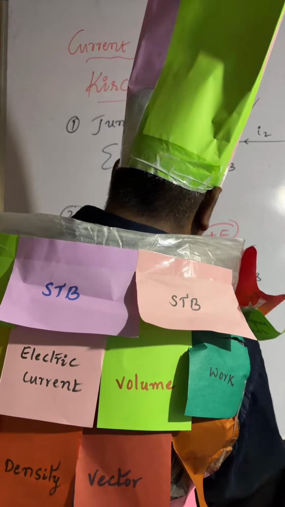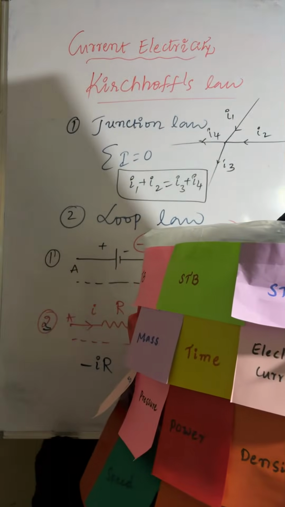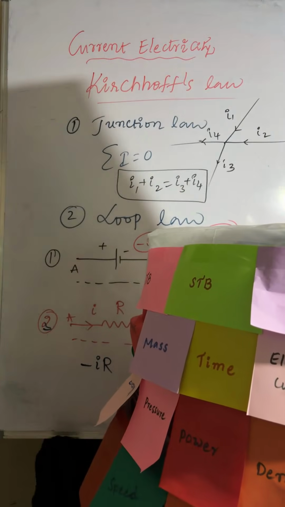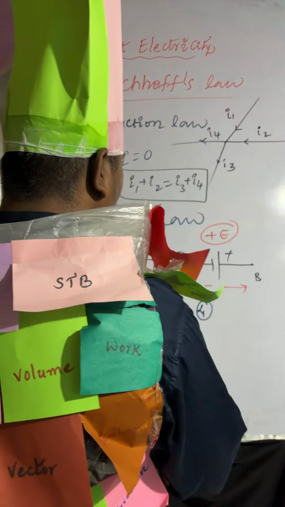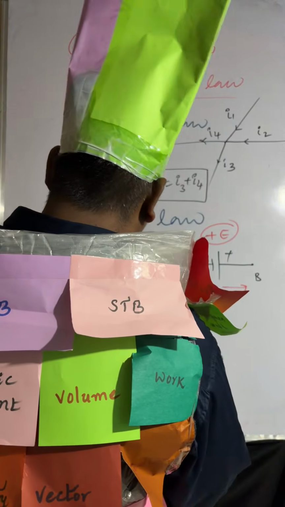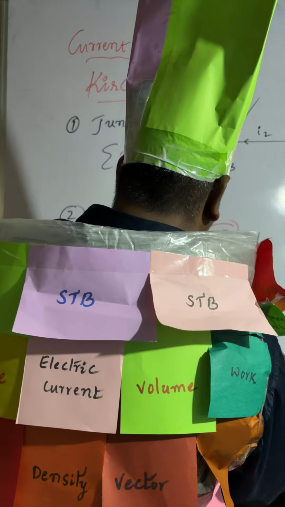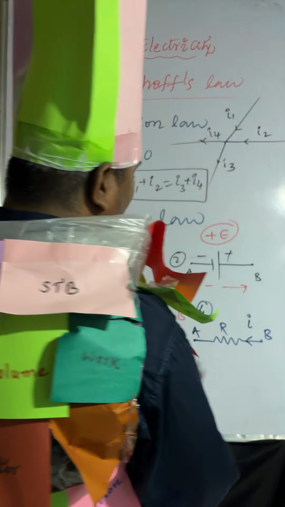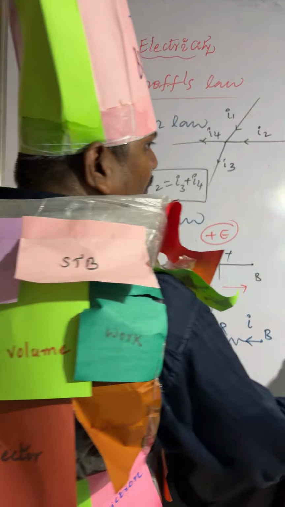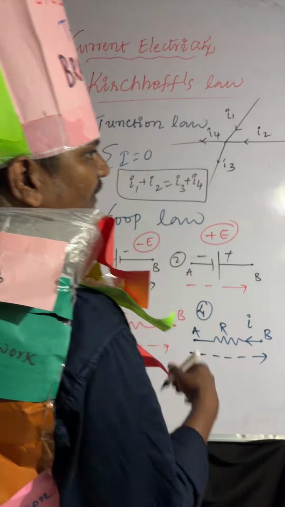Coming to the fourth one, A, B. Current is moving like this through the resistance, but we are moving in the opposite direction to the current.